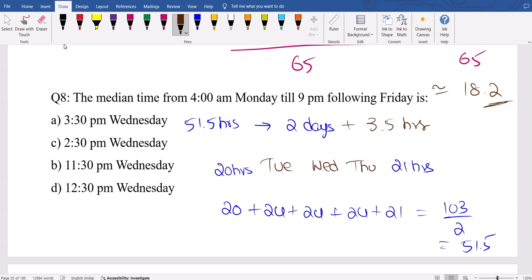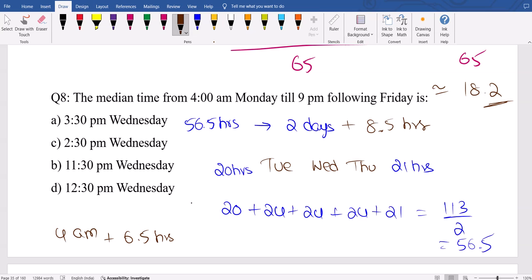Okay, sorry, numerator 113 divided by 2, we got 56.5. When it is 56.5, 2 days plus 8.5 hours required. 2 days means Wednesday 4 a.m. All options are Wednesday only.